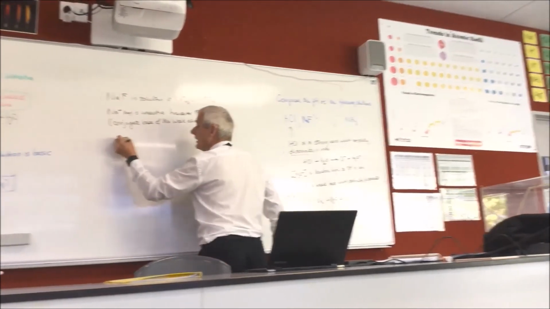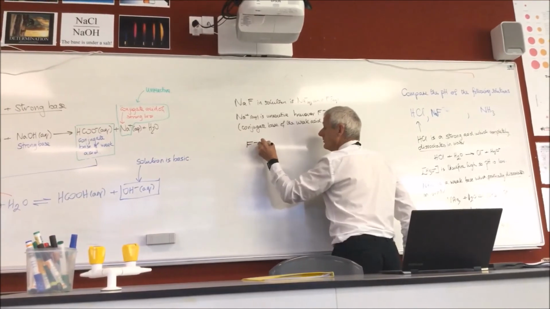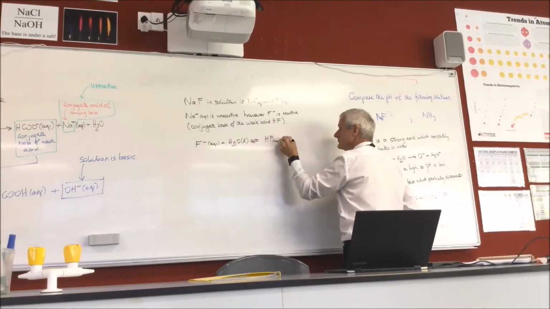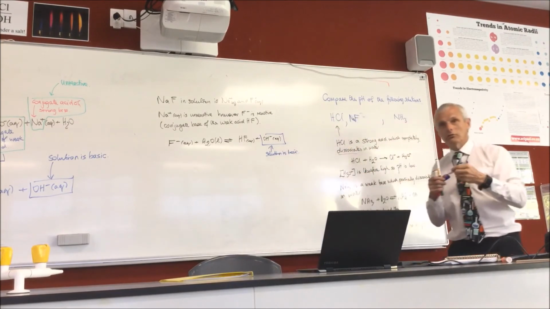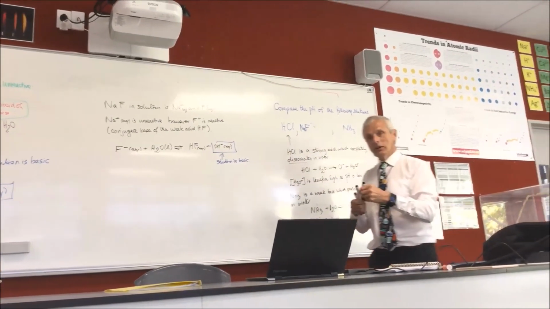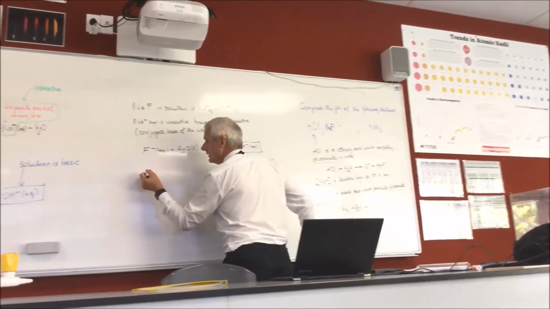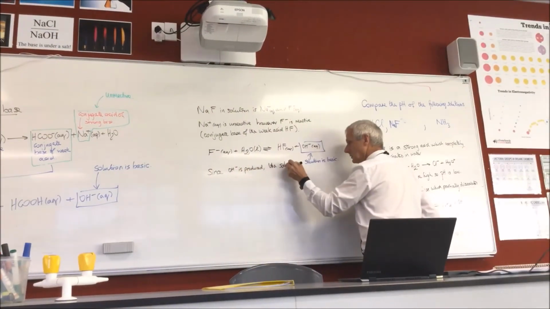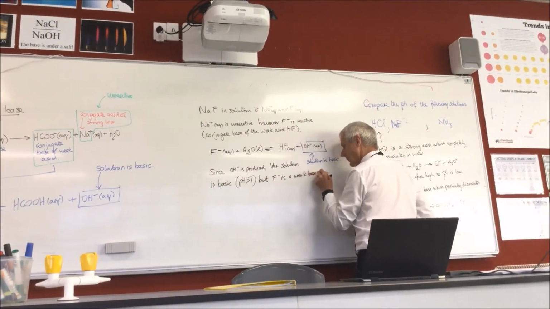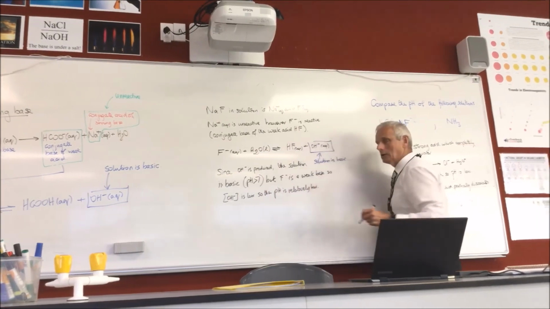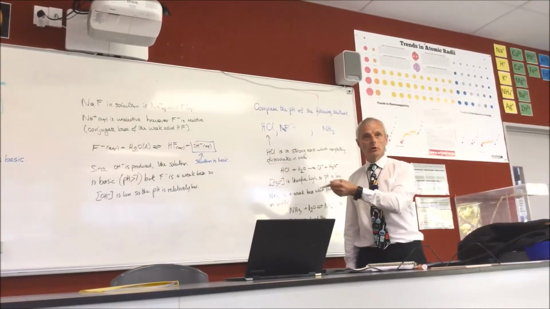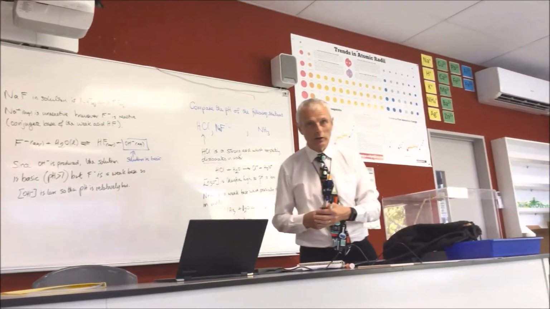So you get F minus. So if you've got sodium fluoride, okay, it's actually slightly basic. So it's a bit like the ammonia. Okay, you wouldn't be needing to compare the two because we can't do that quantitatively.